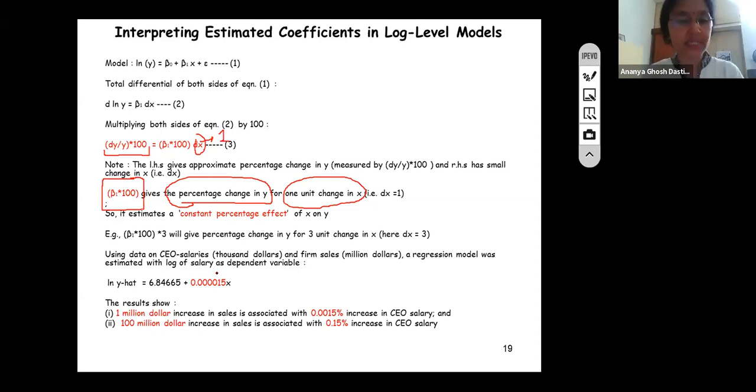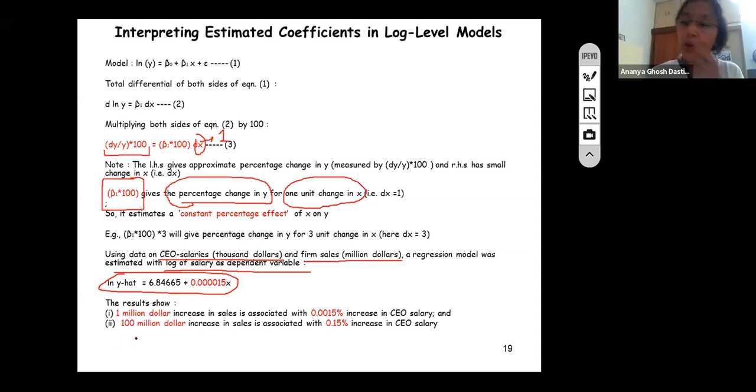Imagine I have the data. I'm using that data on CEO salaries measured in $1,000, regressing it on firm sales, except I'm now regressing log of salaries. So suppose I run a log model: log of salary regressed on sales, not log of sales, mind you, sales. Now I get this result.